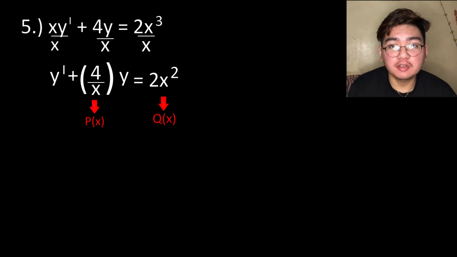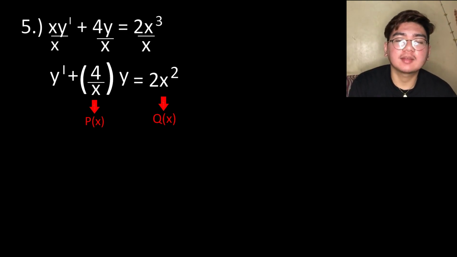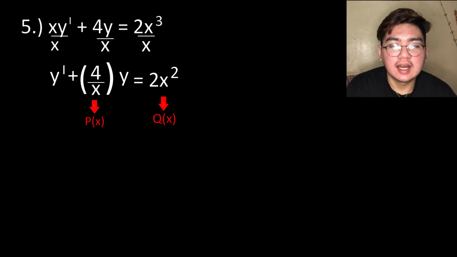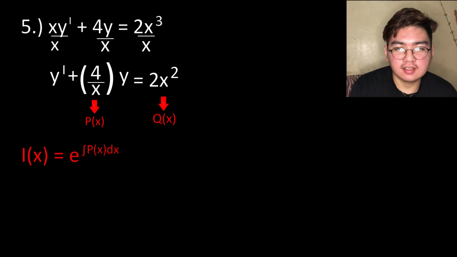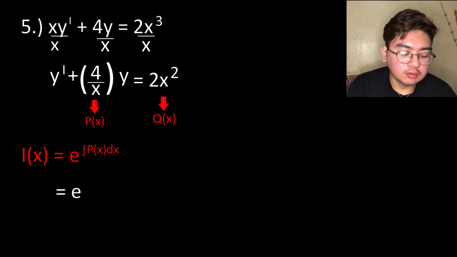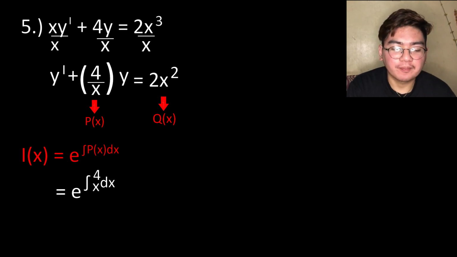Dahil nalaman natin yung p of x saka yung q of x, pwede nating malaman yung integrating factor. Ang solution sa integrating factor ay I of x equals e to the integral of p of x dx. Ang p of x ay 4 over x, kaya magiging e to the integral of 4 over x dx.